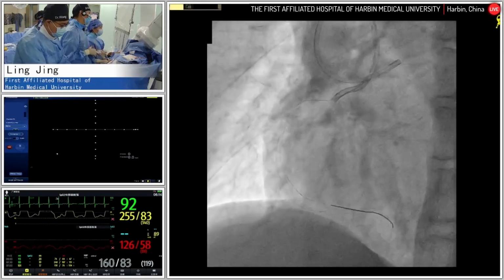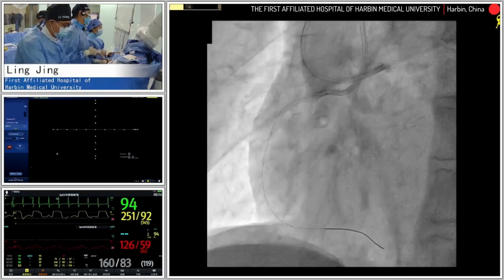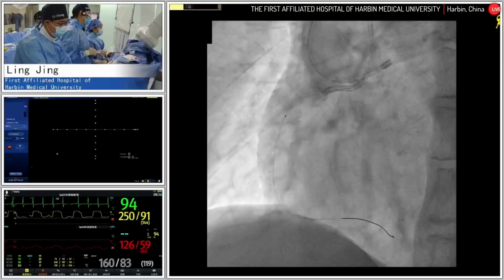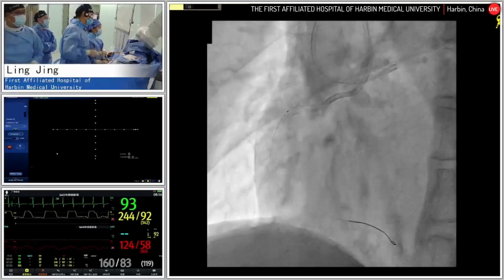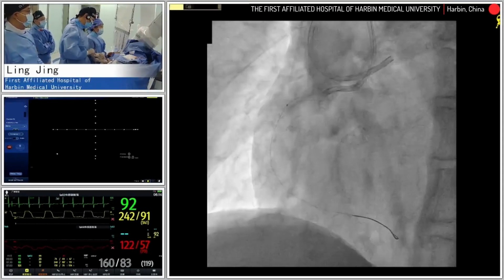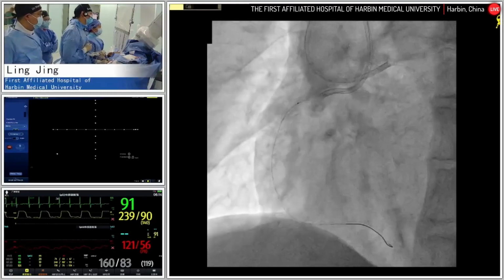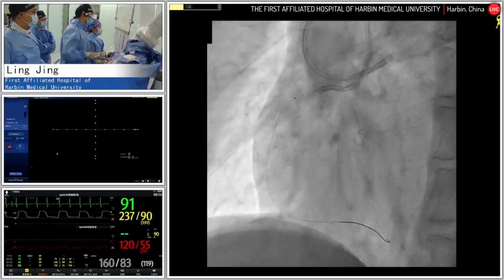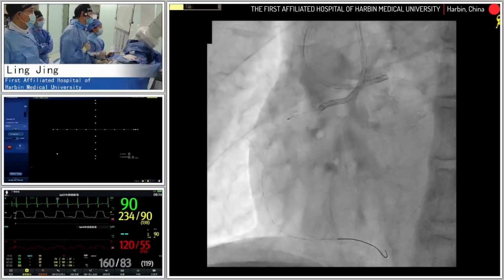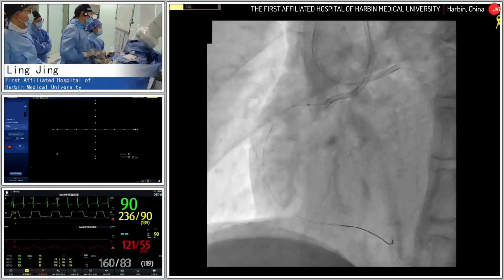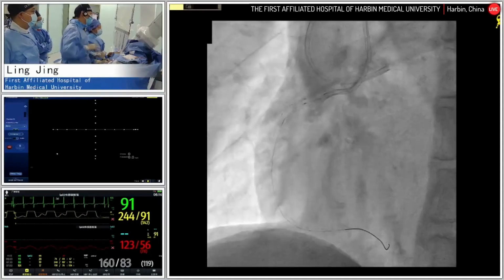And like Professor Jingling introduced, first we used a Fielder family wire under the support of a Caravelle microcatheter to try to engage the proximal cap of the RCA occlusion. However, we met some resistance, because we know that the Fielder family wire is a hydrophilic coated wire. It's associated with relatively good manipulation and good wire response.